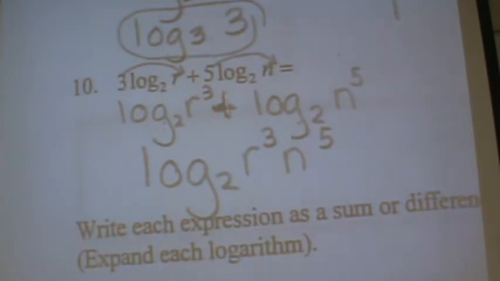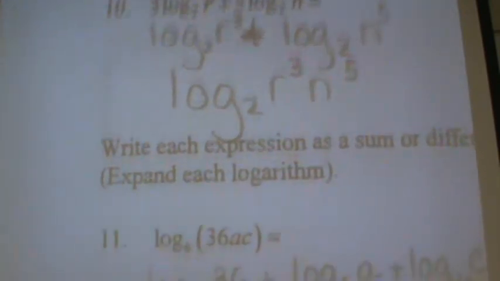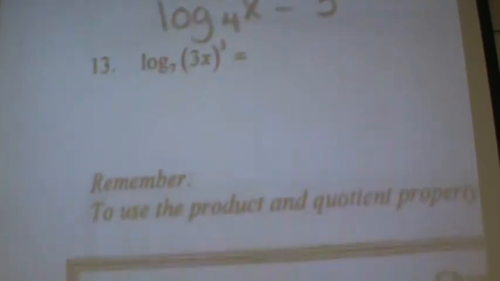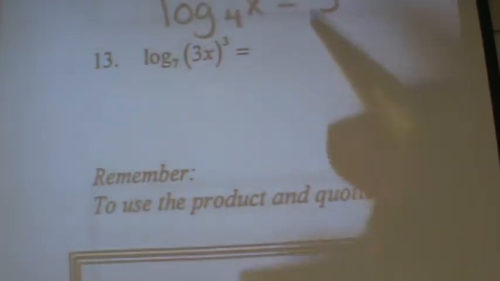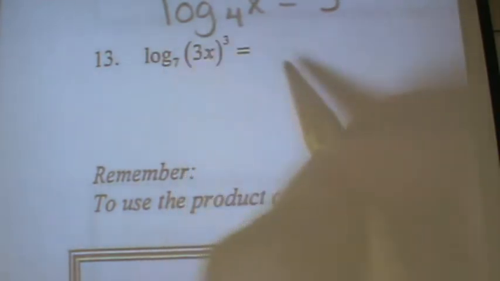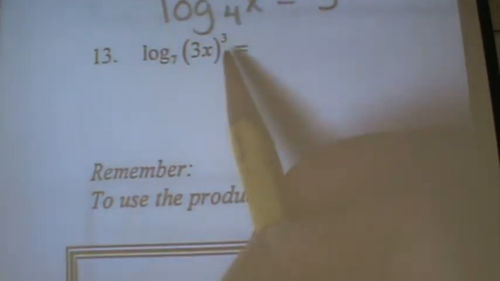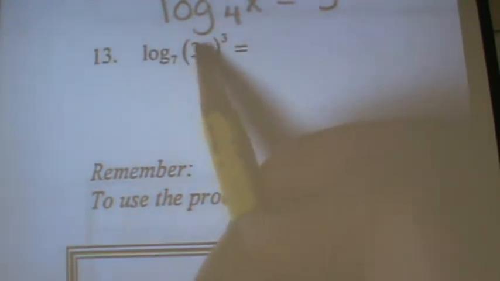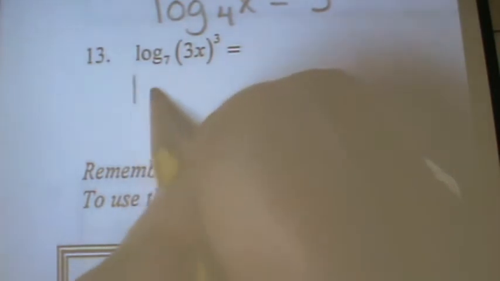All right, let's see if you can go the other way on number 13. What is this power? We want to expand this one. So, what are we going to do? You could distribute. How would you distribute this?